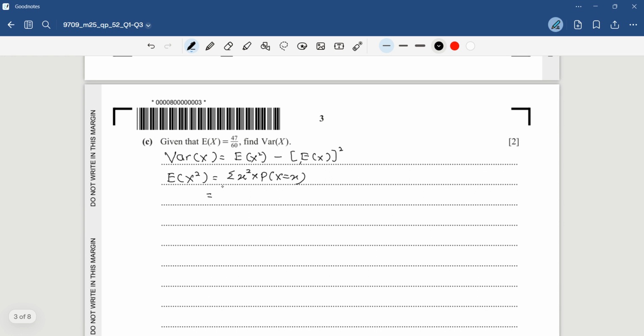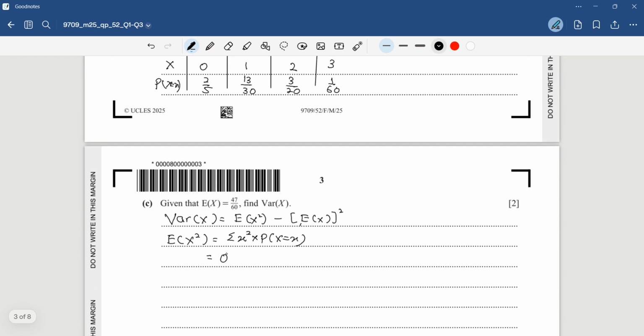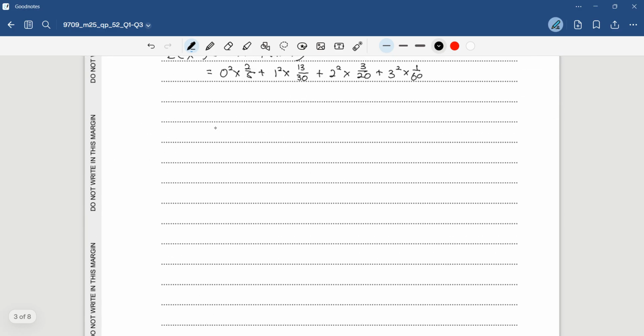So it's 0 squared multiplied with the respective probability, 1 squared multiplied by 13 over 30, plus 2 squared multiplied by 3 over 20, plus 3 squared multiplied by 1 over 60. Okay, so you calculate this, you should get 71 over 60.